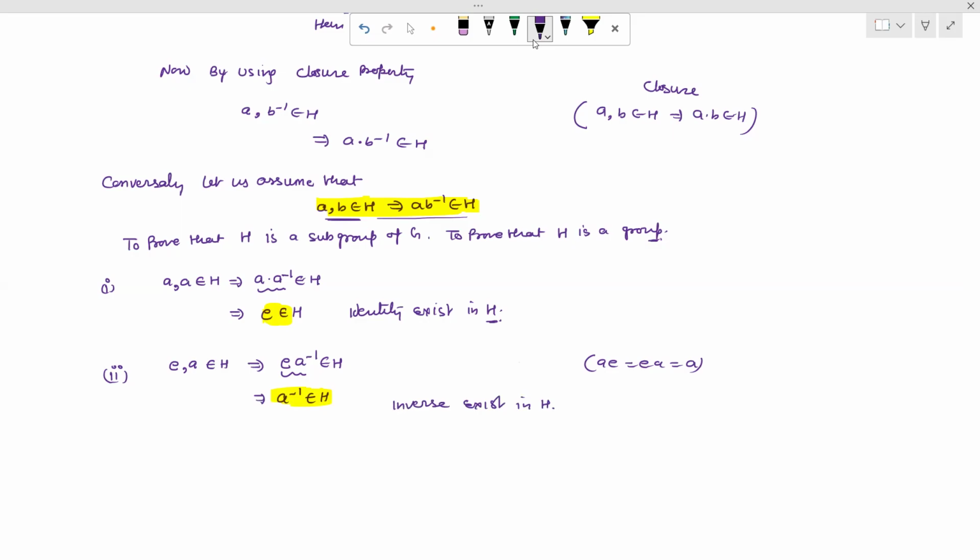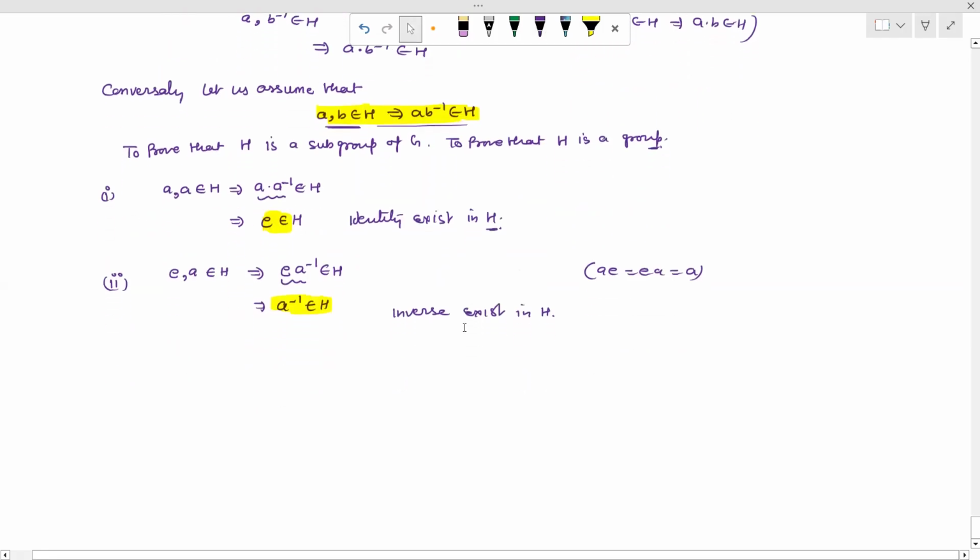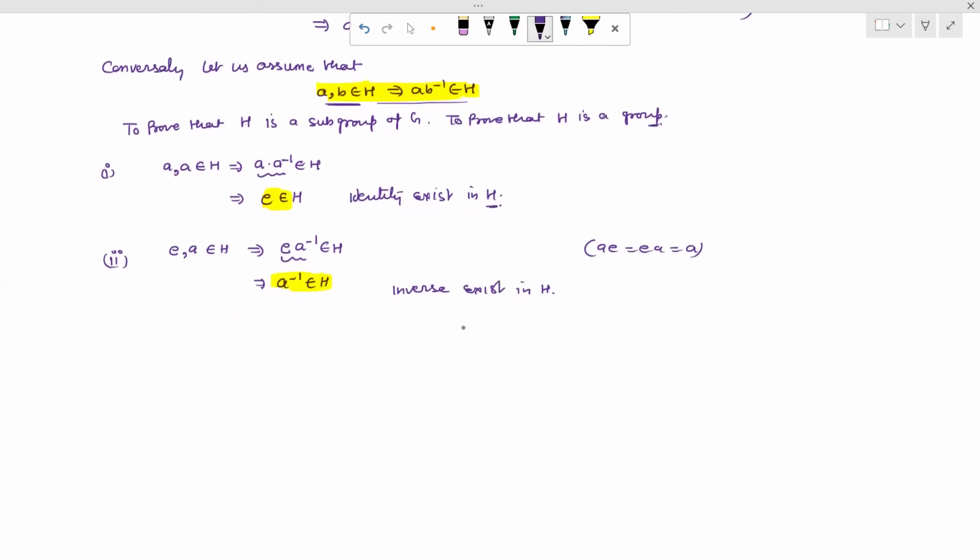Now, when identity and inverse exist in H, we move to the third property. First element we take as a, second element we take as b, belongs to H. In the second property we have shown that inverse exists, meaning inverse of both elements a and b exist.